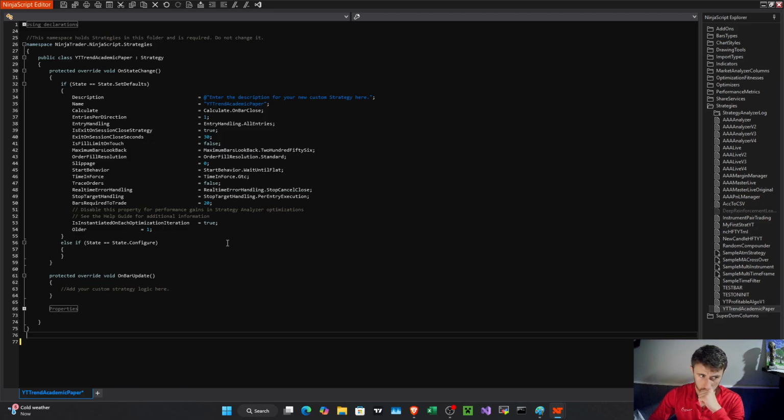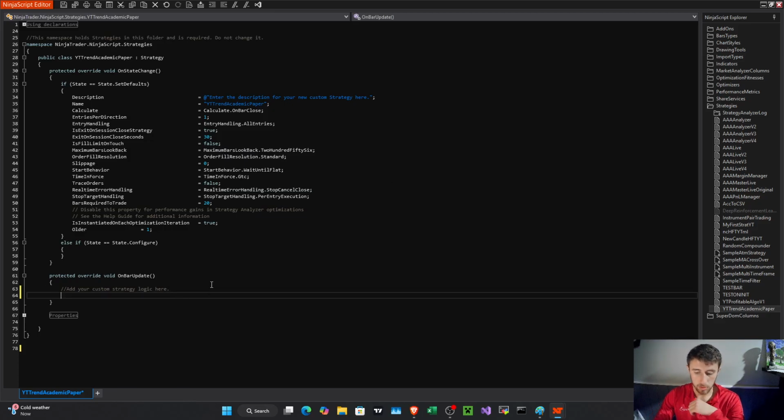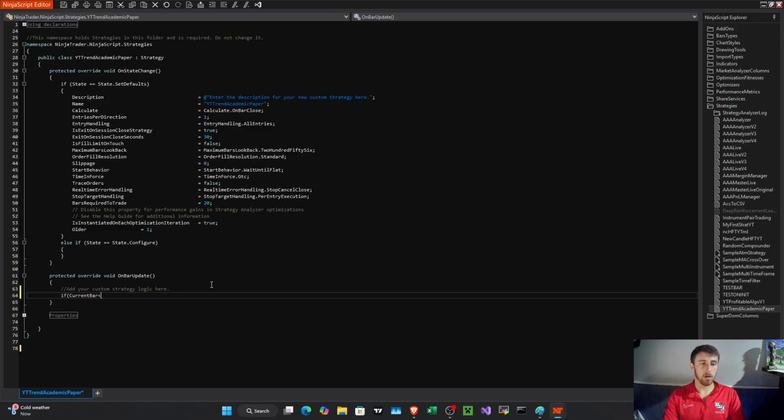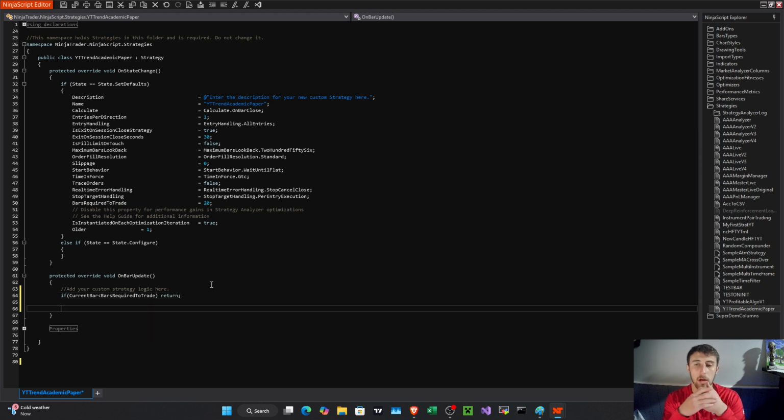So to do that, this is what we're going to do. So first, if current bars is less than bars required to trade, then we return. So now we need to start calculating if there is a peak.